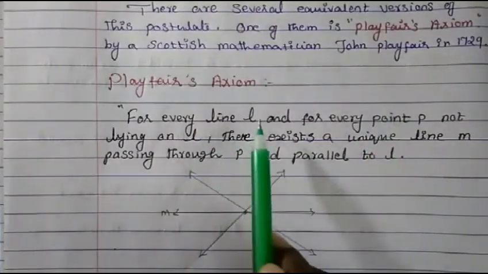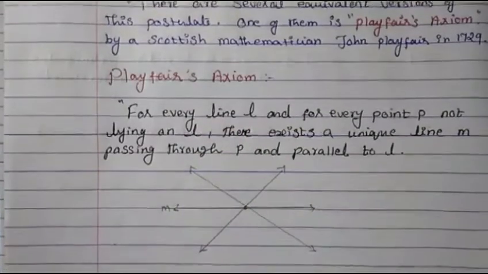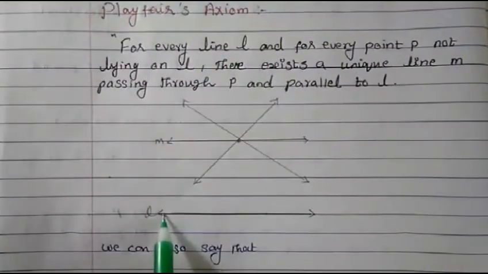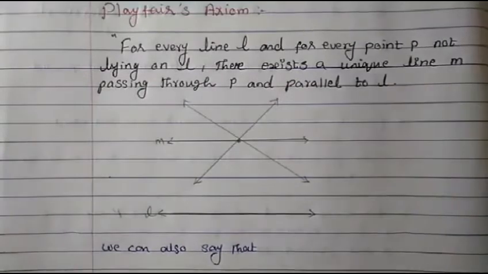For every line L, so here we have the line L. Let me make it darker for you.